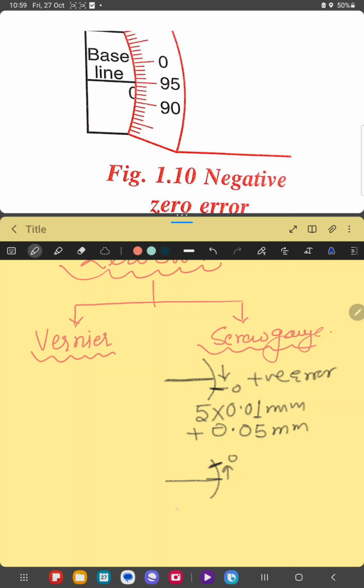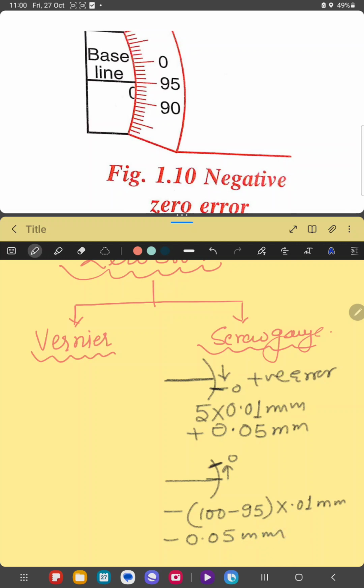So how do we express the zero error? The total circular scale has 100 columns. Once it crosses the 50th column, you use the formula 100 minus 95, multiplied by 0.01 mm. It comes out to be minus 0.05 mm.